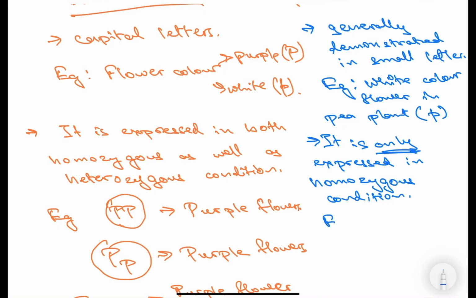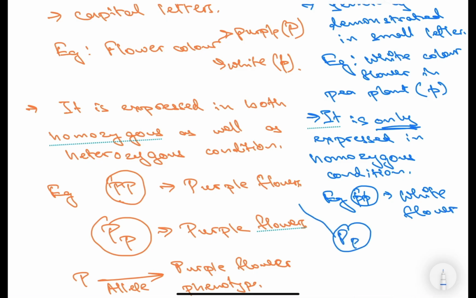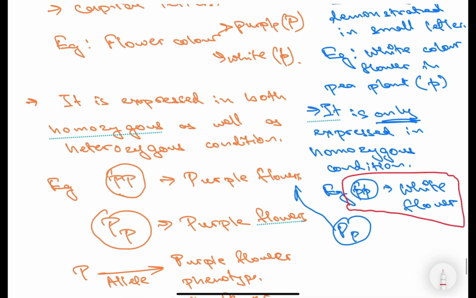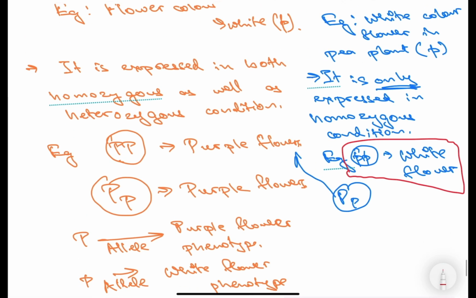That means when two alleles, small p and small p, are present, only then will the pea plant show white flowers, not when it is capital P and small p. In that case they will show purple flowers. Only when both alleles are recessive will they show the recessive trait.